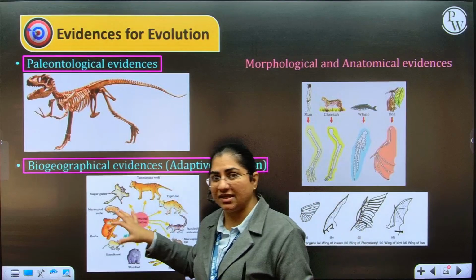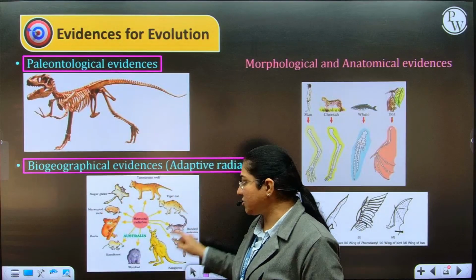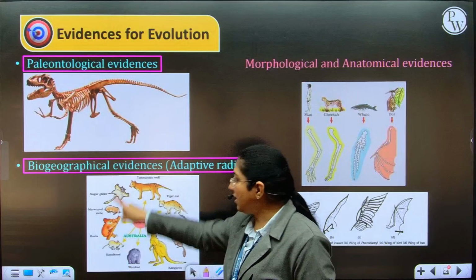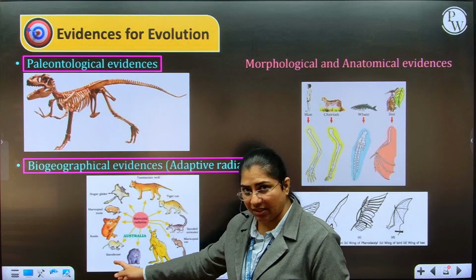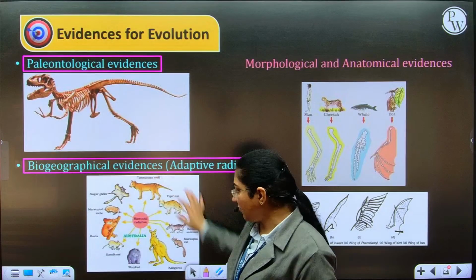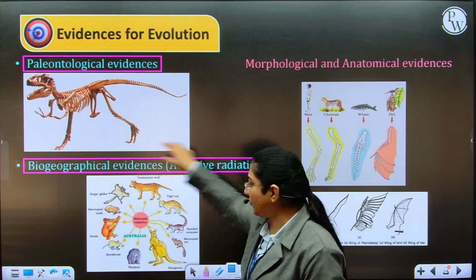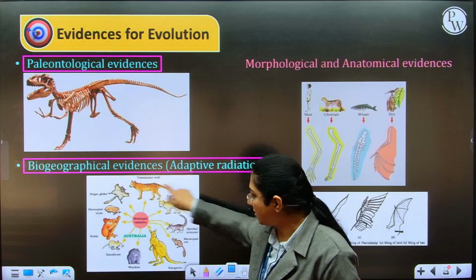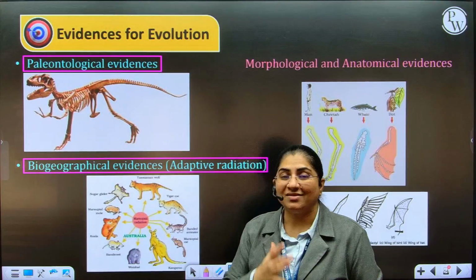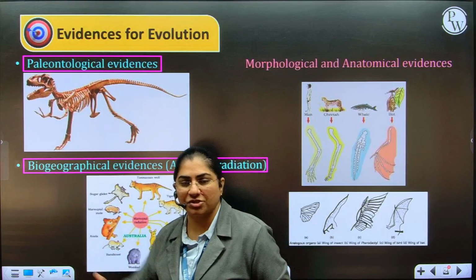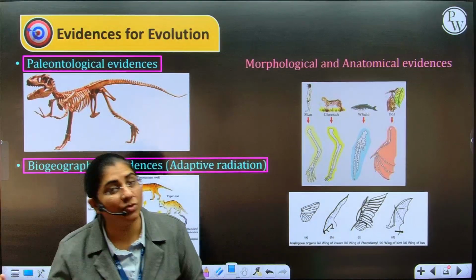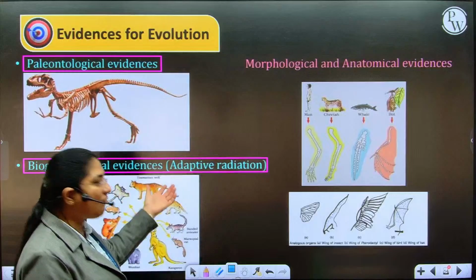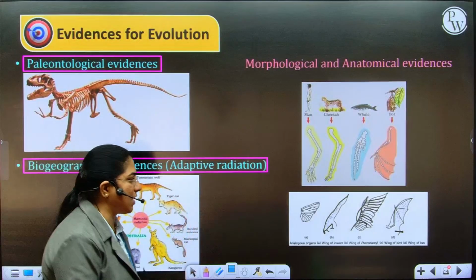As NCERT says, it is the evolution of different species in a given geographical area, that is, the Australian continent. So it is the origin of different species in a given geographical area, starting from a point and literally radiating to other areas, thereby leading to the formation of new life forms, which are obviously better than the ones that existed in the past.